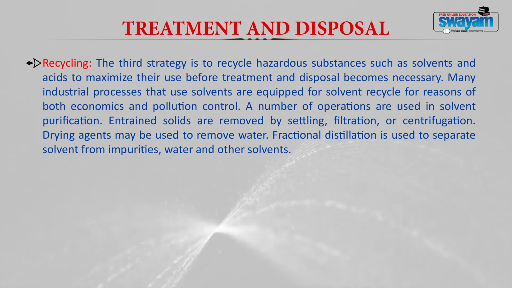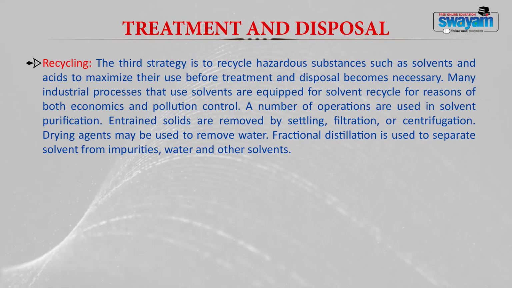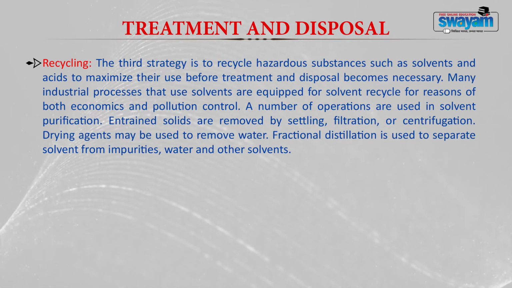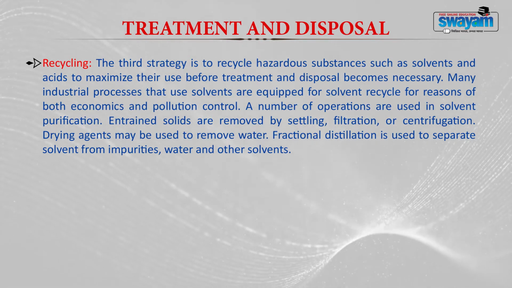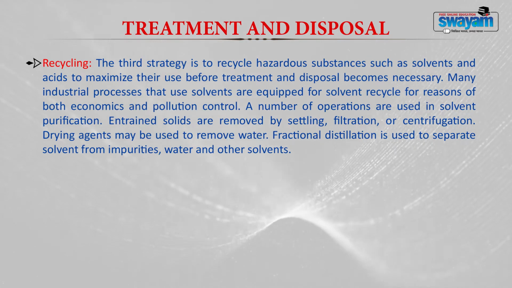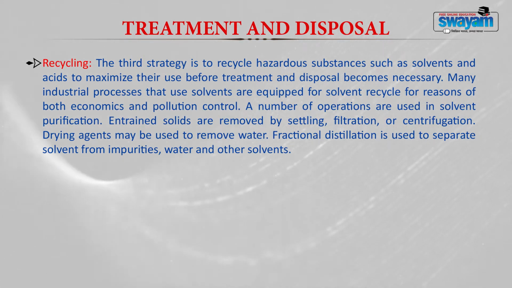A number of operations can be used to purify the solvent. Entrained solids can be removed by settling, filtration or centrifugation. Drying agents can be used to remove the water present in the solvent. You can go for fractional distillation to separate the solvent from impurities, water and other solvents.